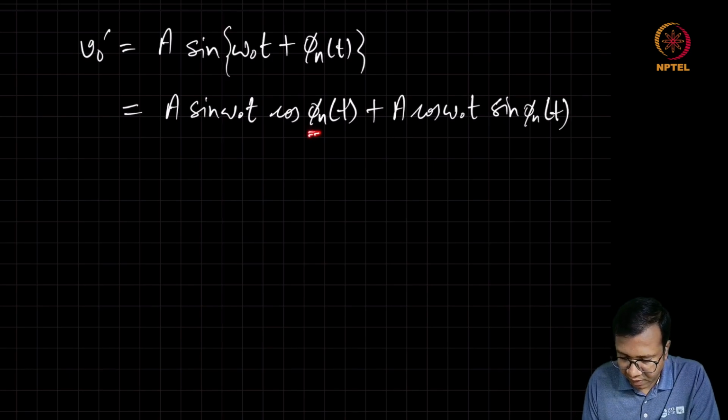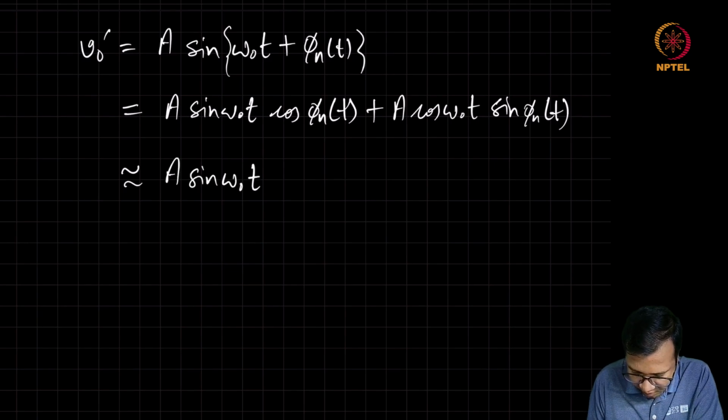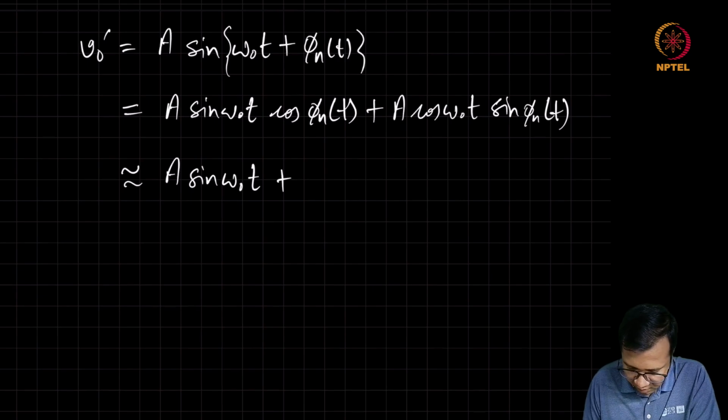This phi n is the noise in the oscillator output due to the electrical circuits. So we can consider this phi n to be a very small quantity, and we can approximate this as A sine omega naught t plus A phi n cos omega naught t.